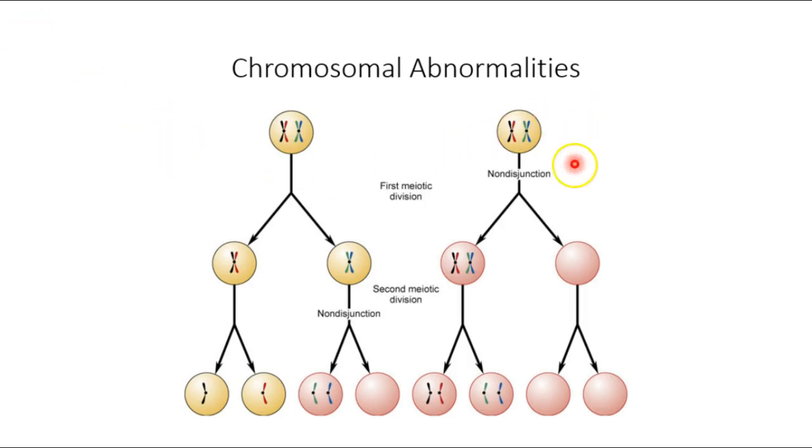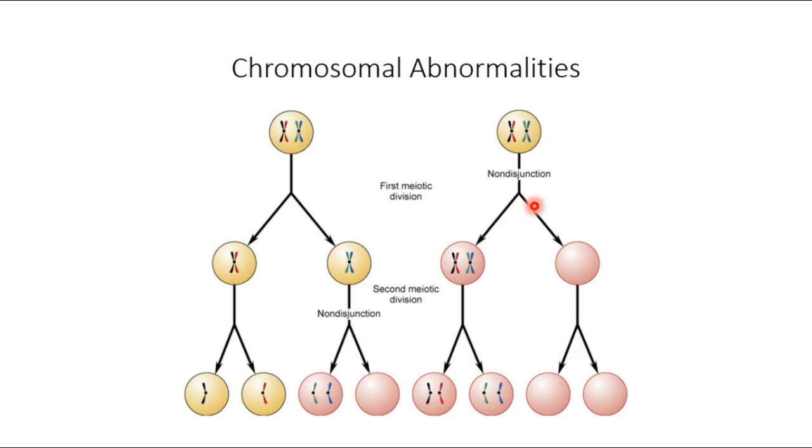So a non-disjunction disorder is another way that we can have a genetic problem, and this is going to be chromosome-wide. This is going to be a problem with the number of chromosomes. So non-disjunction means that while we were undergoing meiosis, and we were in the part of meiosis where we separate the homologous chromosomes, that failed to happen.